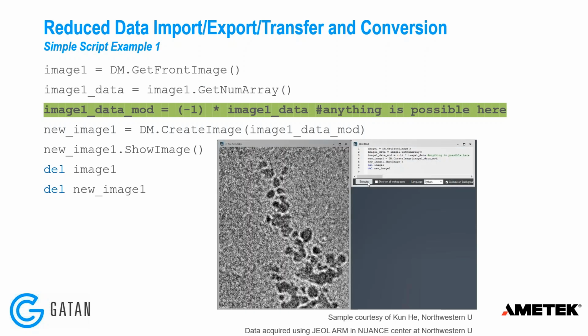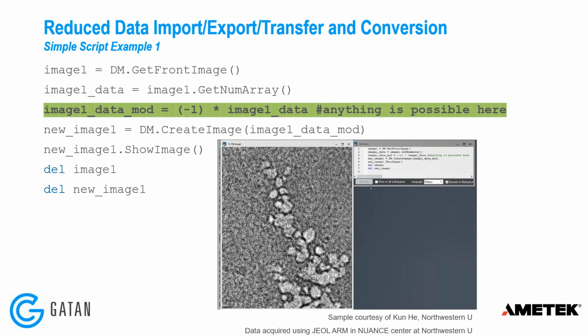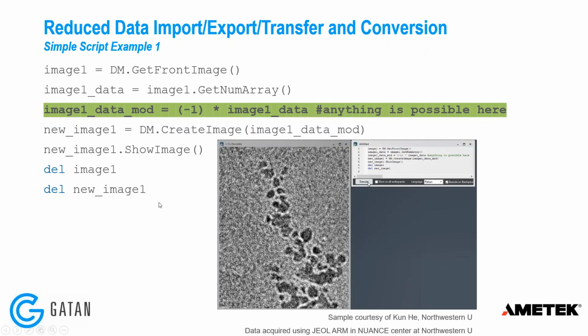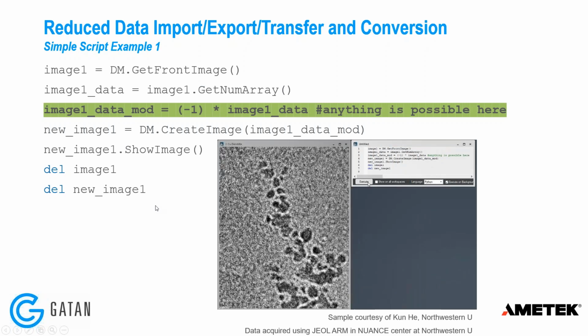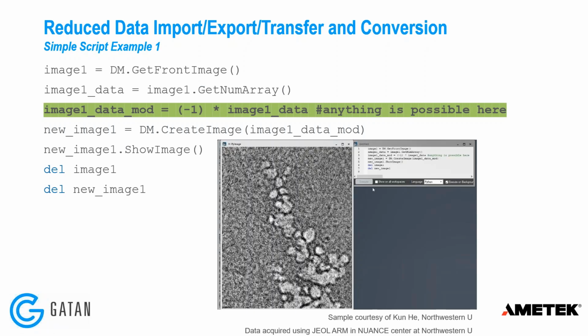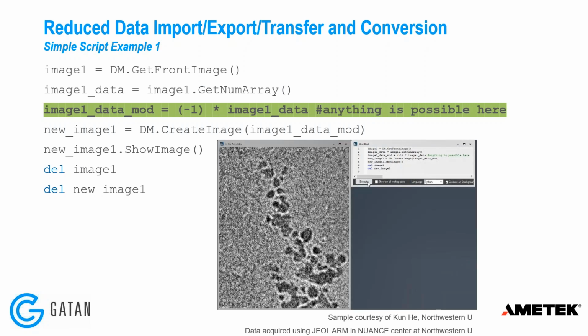Very, very simple, very quick. Just a few lines of code, and at the end here we have some cleanup for memory reasons at the moment that we have to do. But this script is very simple and shows how easy it is to extract the raw data and do something with it in GMS in Python.